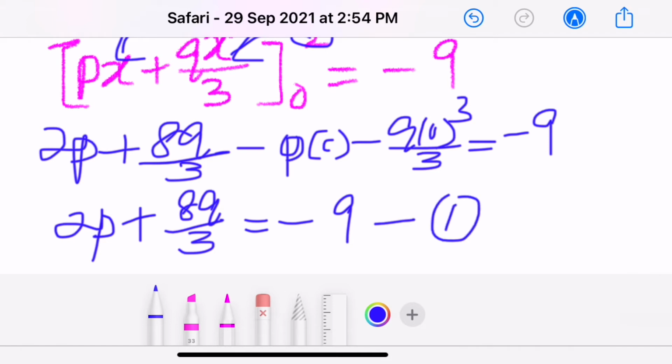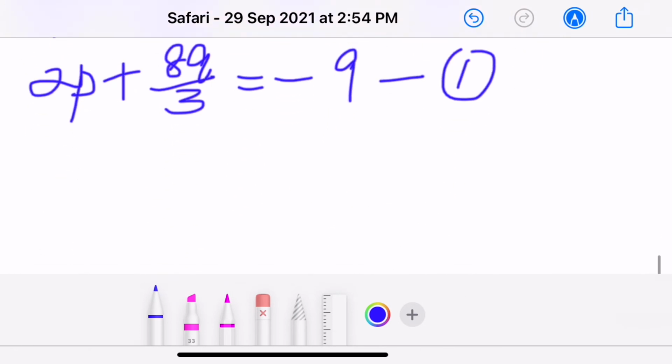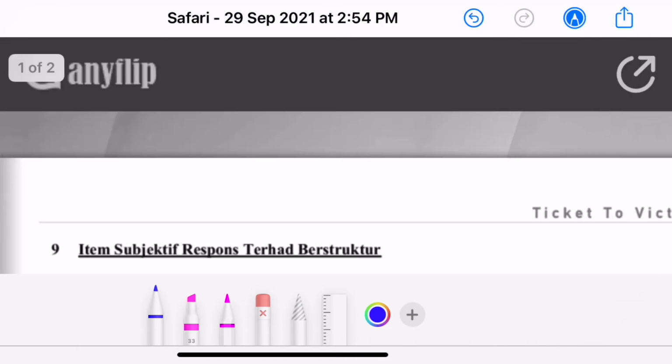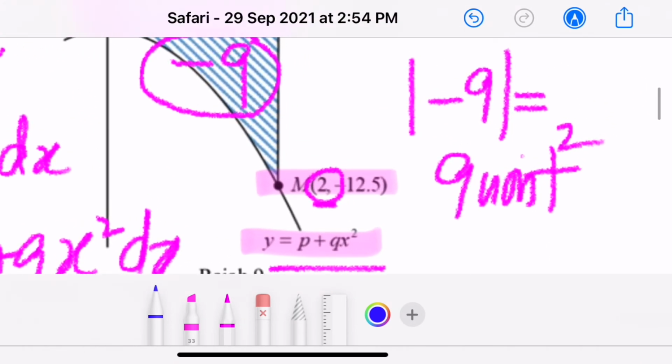We need another equation. How to get another equation? You should have two equations in order to solve p and q simultaneously. Now you see for the graph, they give you the point. When they give you the point, you can always substitute the point into the equation. Always use a point, okay?